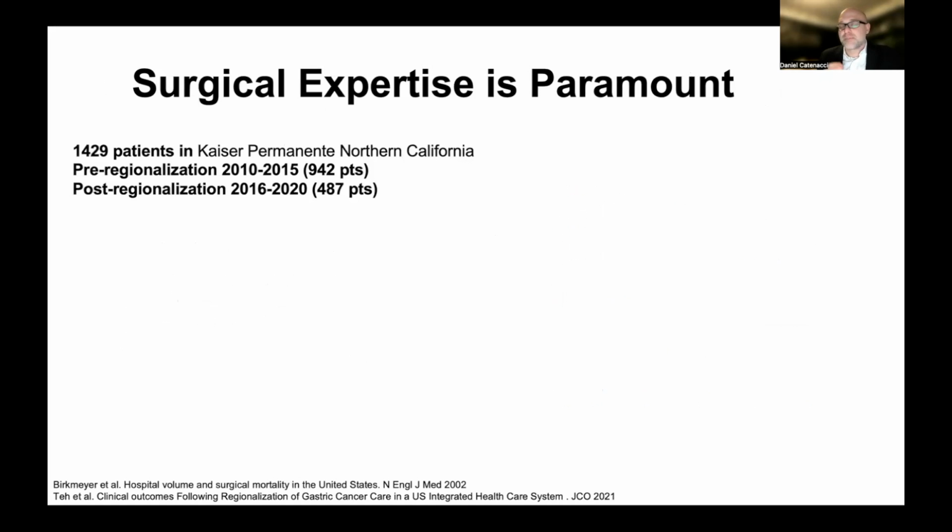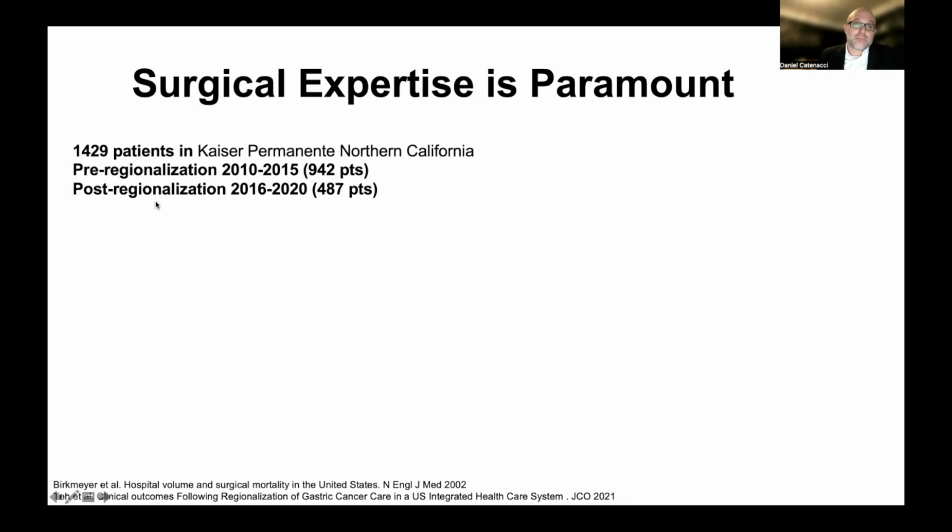And so this has been shown over and over again, but a recent one looked at the Kaiser Permanente group in Northern California. What they did, back in 2015, 2016, was something called regionalization.